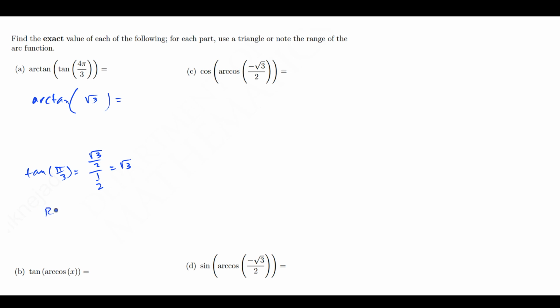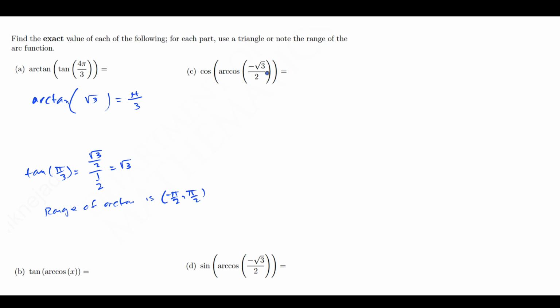The range of arctan is negative pi half to pi half. Because it's positive, it's going to be in the first quadrant, and it will share the same denominator as that, and in the first quadrant is this.